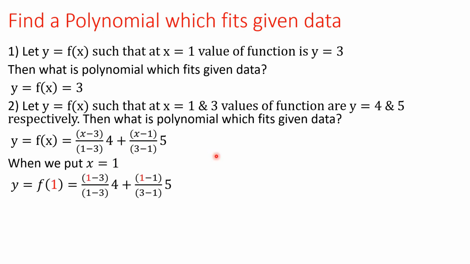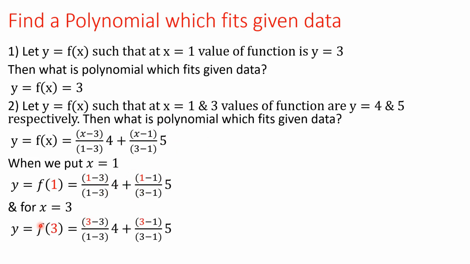Okay, so you can check here, when you put x is equal to 1, this will vanish and the answer will be 4. And when we put x is equal to 3, this term will vanish and we'll get the answer 5, because 3 minus 1 upon 3 minus 1 will be 1, and the answer is 5.